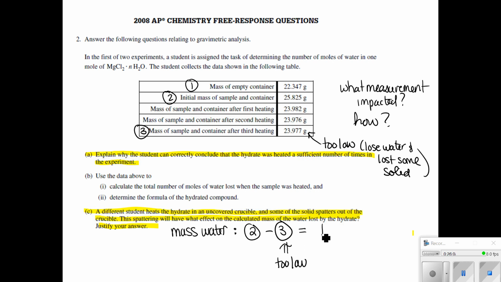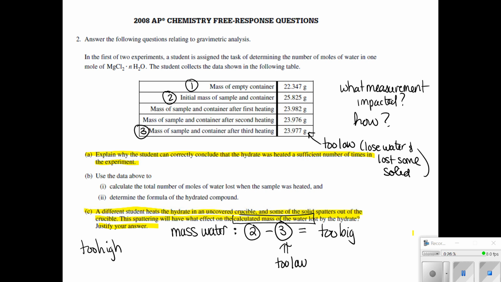You're going to end up with an answer that's too big. So the calculated mass of water is going to end up being too high, and you will think that it's got more water in it than it actually does. So you're going to see the mass decrease, and you're going to think, oh, gee, I lost a lot of water, when in reality you're losing some water and some salt. So you're going to have too high mass water lost.